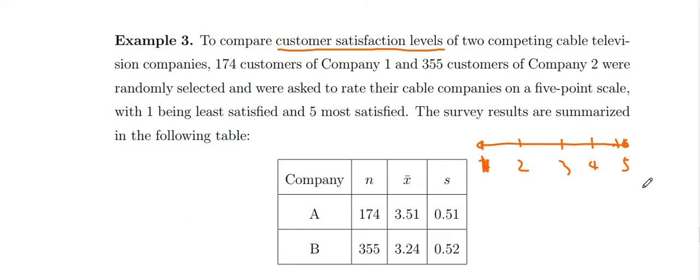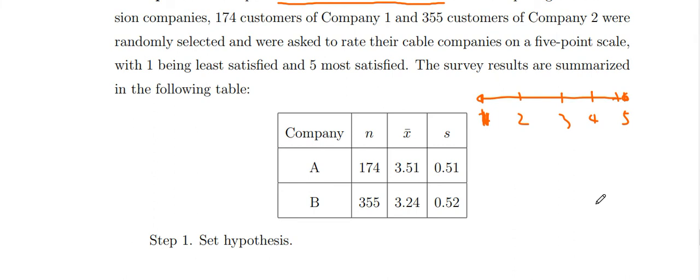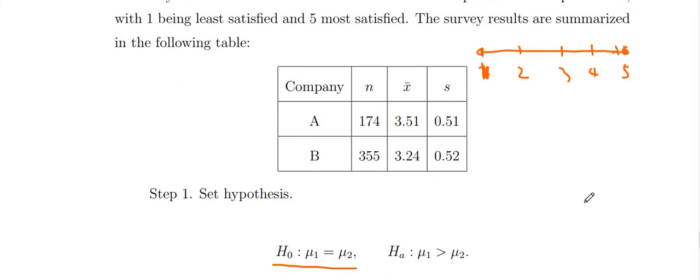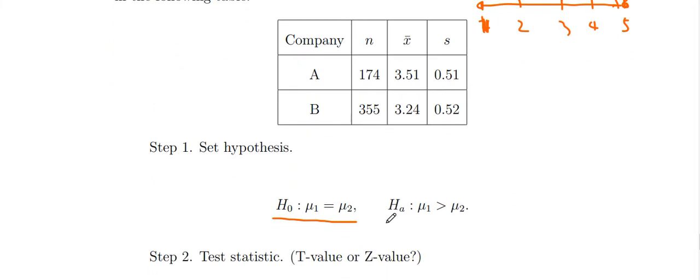We can say, if you wanted to say company A's certification level is higher than company B's certification level, you use HA like this.